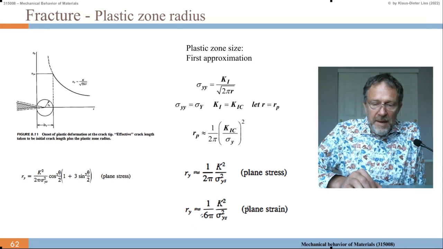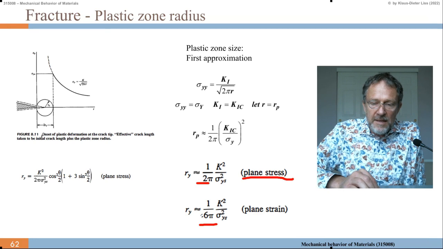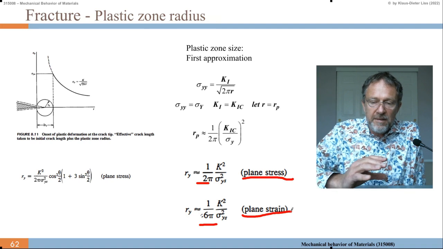Otherwise everything is the same. So we see here we have 1/2 and there 1/6. That means the plane stress yield radius is about 3 times larger than for the plane strain situation. This is the important takeaway message.